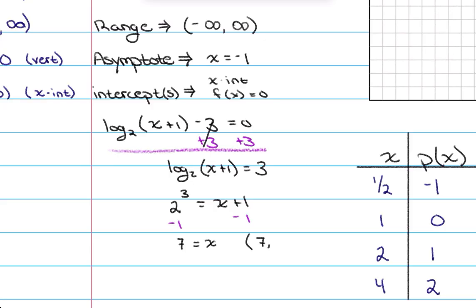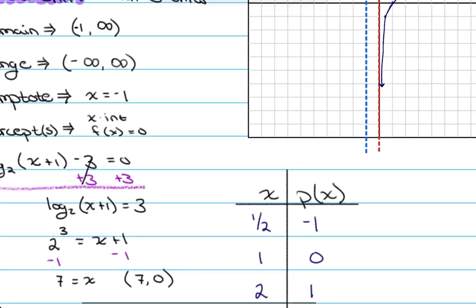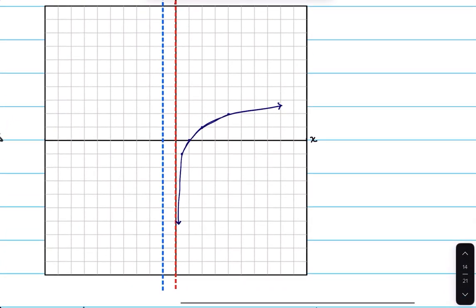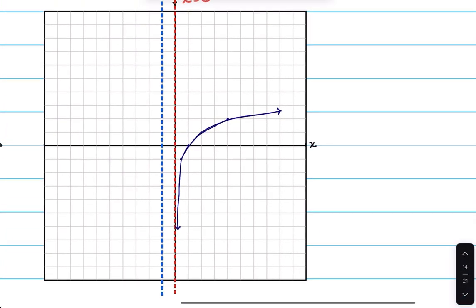So my x-intercept is (7, 0). That's a point that I'm going to plot to help me. Okay, so I'm going to come over here and plot that point. I am going to plot 1, 2, 3, 4, 5, 6, 7, 0. Okay, so I know that that's a point that I'm plotting.